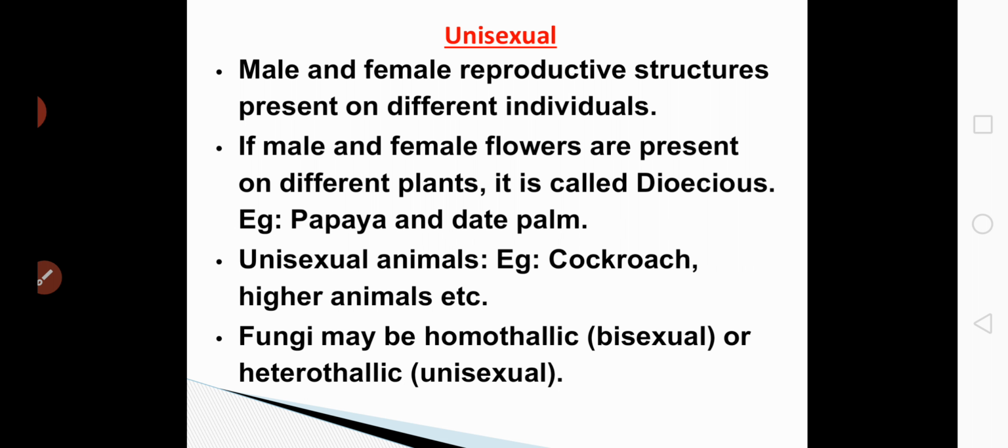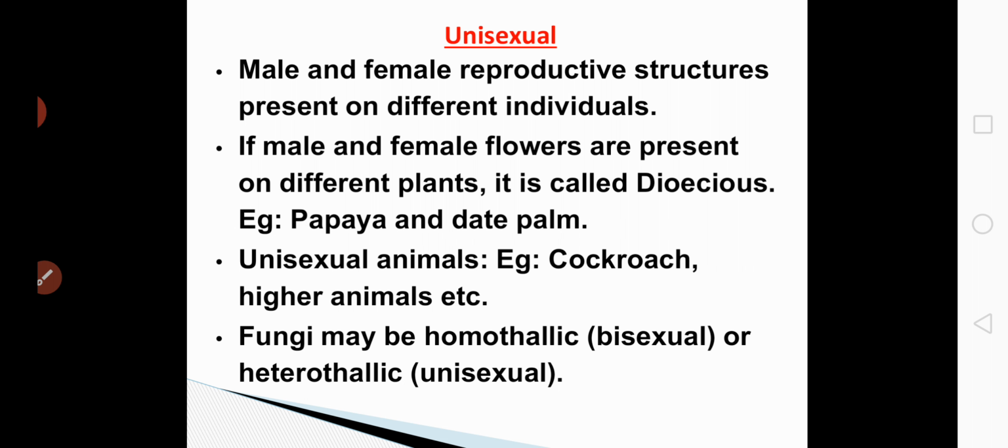For example, in papaya you can see the male and the female plant, right? As well as in date palm also. And unisexuality in animals we can observe in cockroaches and in higher animals.